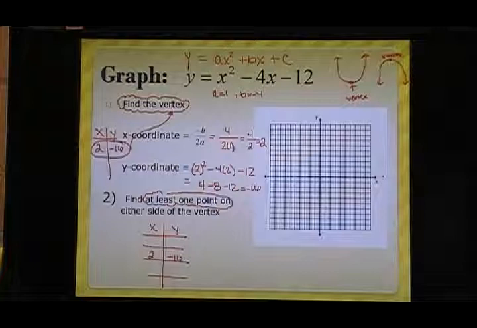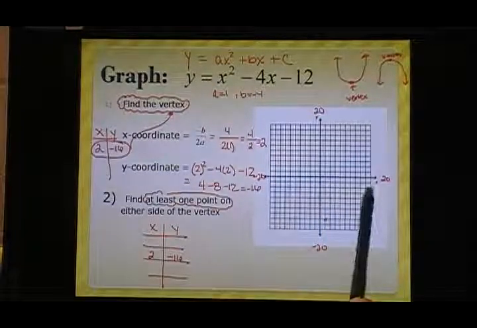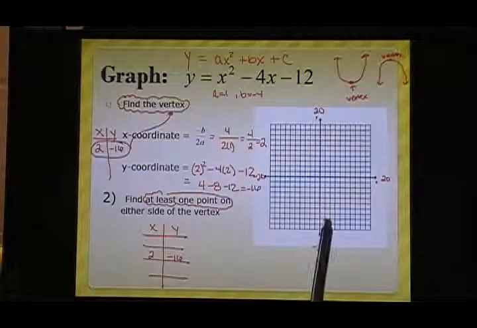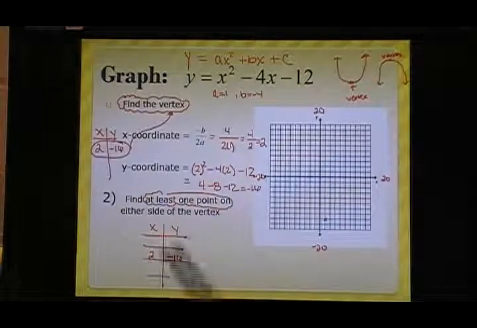So again, I'm going to do my 20 by 20 here. I know my vertex is at 2, -16, so down 2, 4, 6, 8, 10, 12, 14, 16. And so I'm going to have points to the left of that and points to the right. To find a point to the left, I'm just going to substitute any value to the left of 2, my x-coordinate of 2.